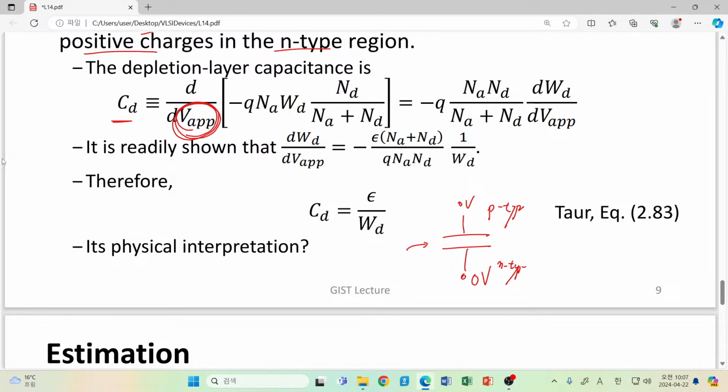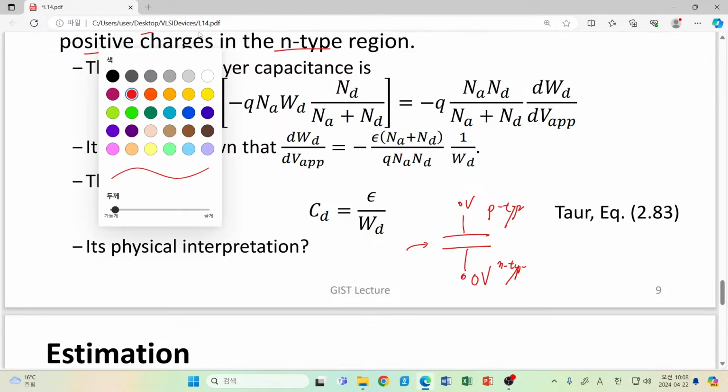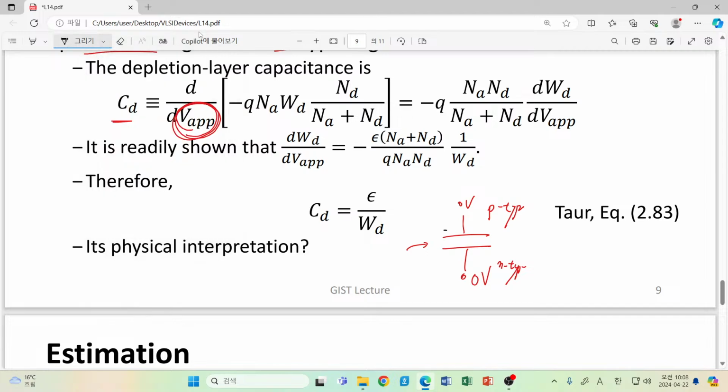Then what happens in this case? Even though we have applied 0 volt, from our previous understanding, here we have negative charges collected and positive charges collected. Are you all with me?